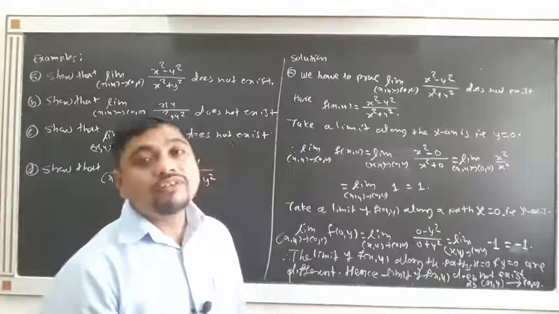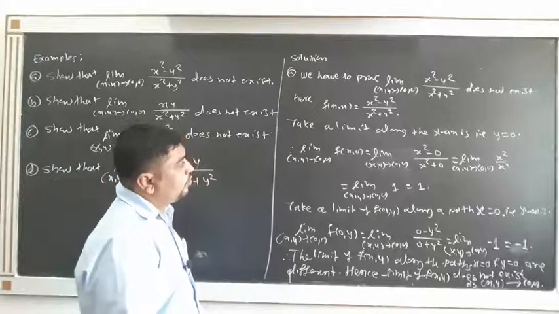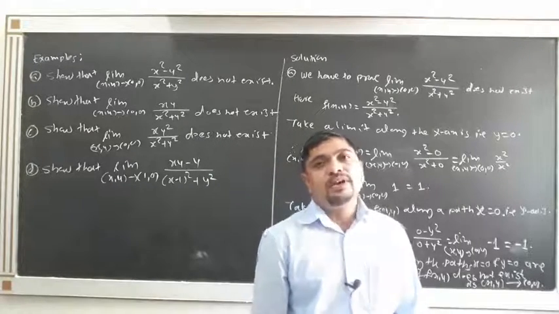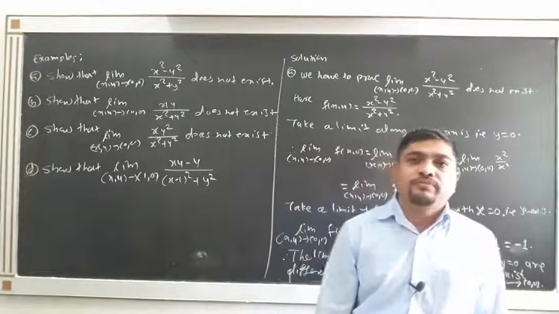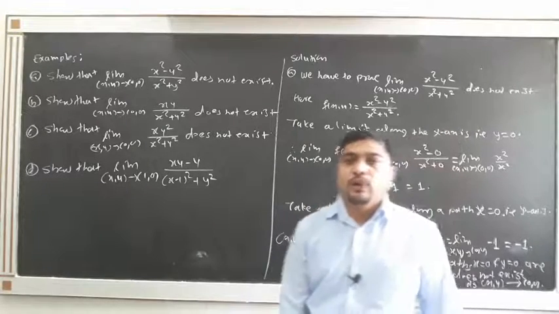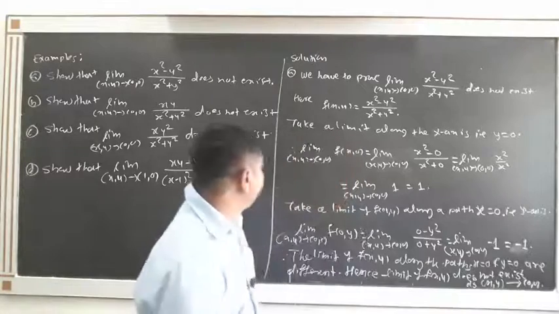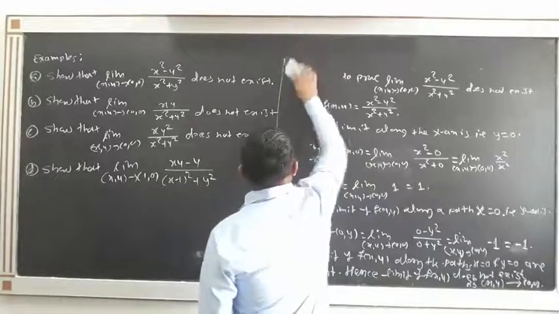So the limit does not exist; we just show two different limits along the two paths. Very simple method. Okay, so you can go for the next example. What is next?